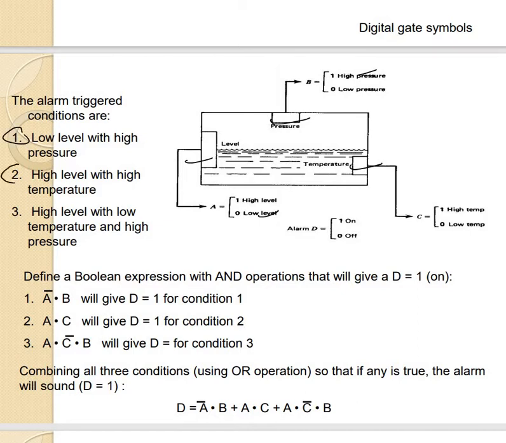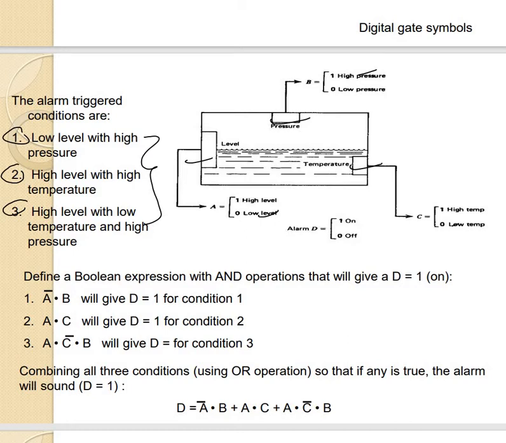Second condition, the alarm will be triggered when inside the tank is high level and high temperature. The third condition, high level with low temperature and high pressure. So we can convert this statement condition into the Boolean expression.